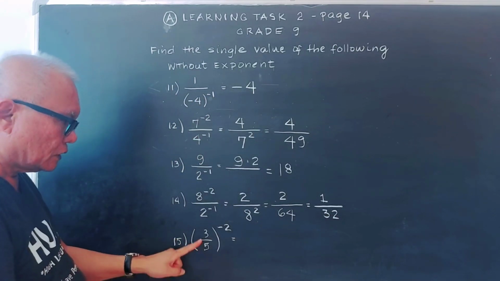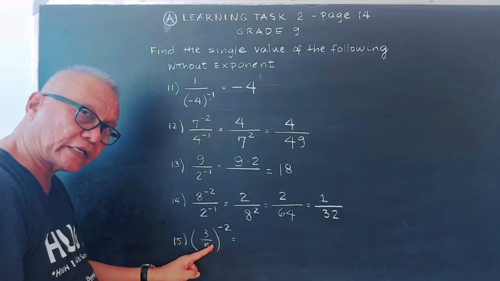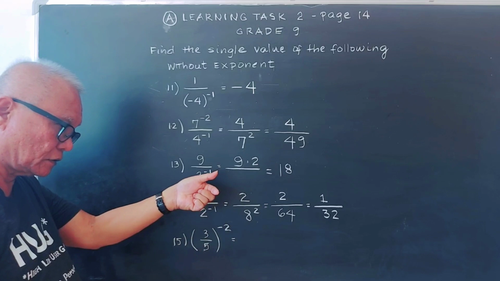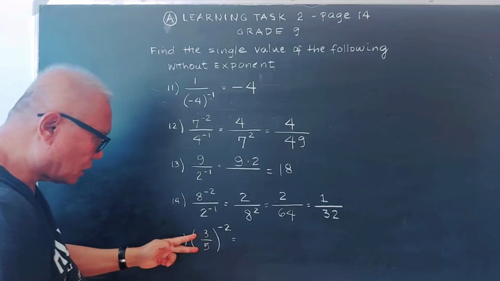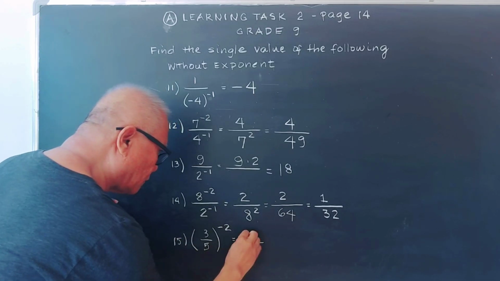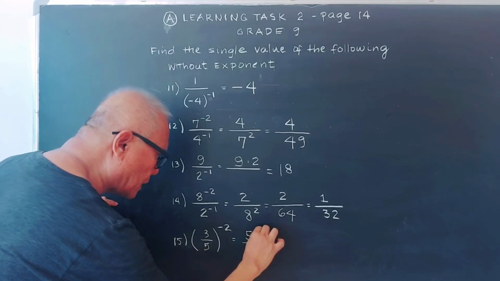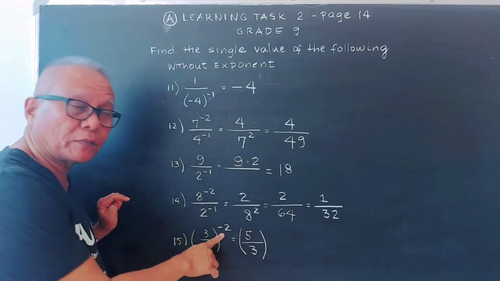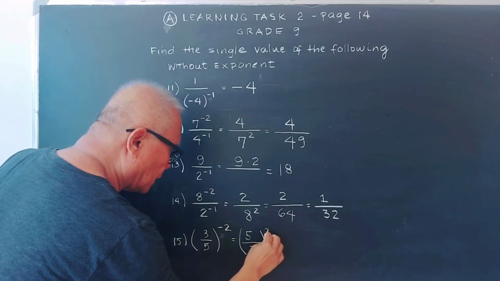Ito, 3 raised to the negative 2, 5 raised to the negative 2, and then, lagay yung 5 sa taas, lagay yung 3 sa baba. Or, pwedeng gawin nyo dito is ganito. Yung 5, ilagay sa taas. Yung 3, ilagay sa baba. And then, ito ay magbabago ng sign kasi binaliktad ninyo siya. Ito ay magiging squared.